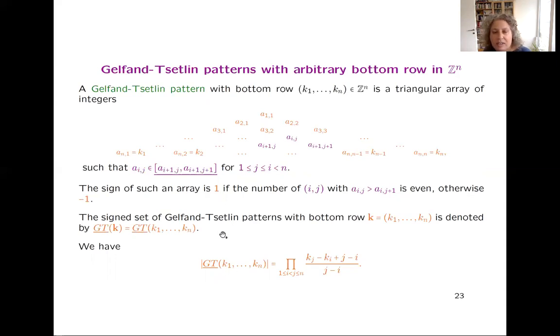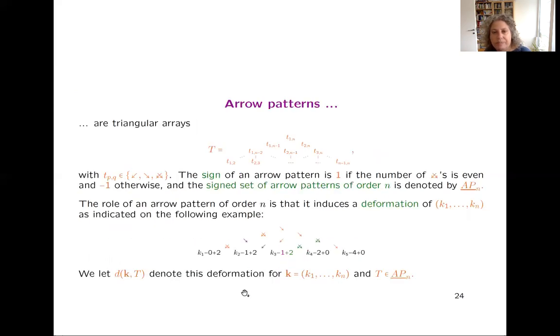The sign set of all Gelfand-Zetlin patterns is denoted by this here, and it can be shown that the signed enumeration of Gelfand-Zetlin patterns is given by this product here.